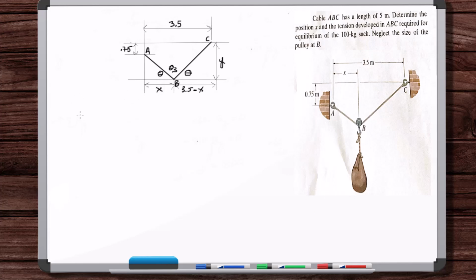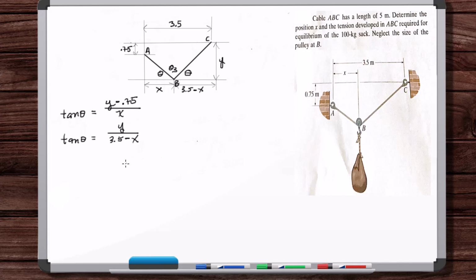So let's do tangent, right? So we get y minus 0.75 over x, right? Because if we did LAB, we're trying to solve for LAB. That would be a lot more complicated. So this is a lot simpler. So now let's do tangent of this theta. This is equal to opposite over adjacent.